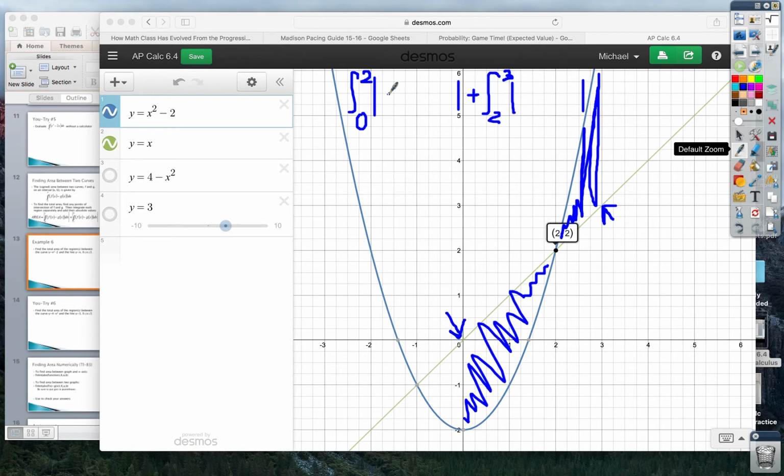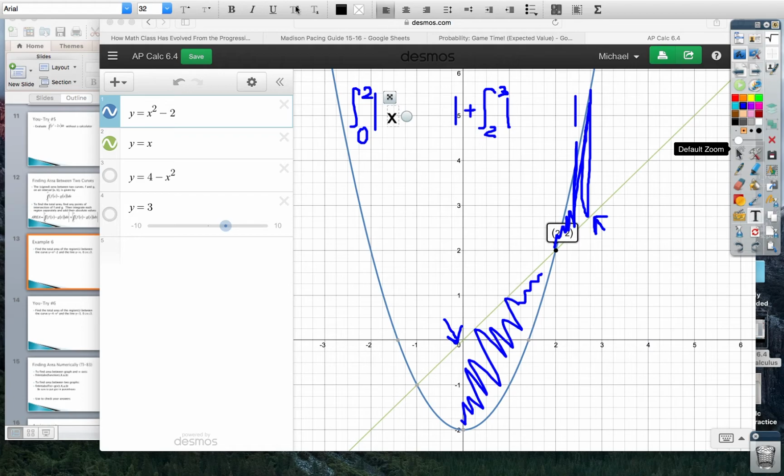So what we're going to put inside the absolute values is x squared minus 2 minus x. Notice this was the first function and the minus x was the second. So we're going to do the same thing here.